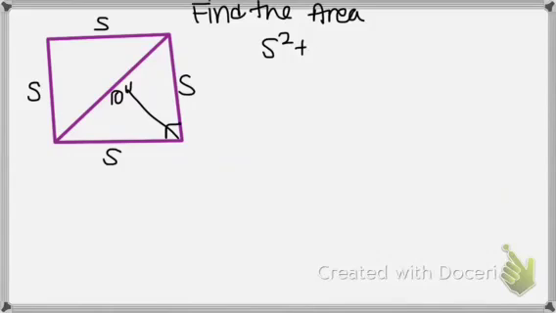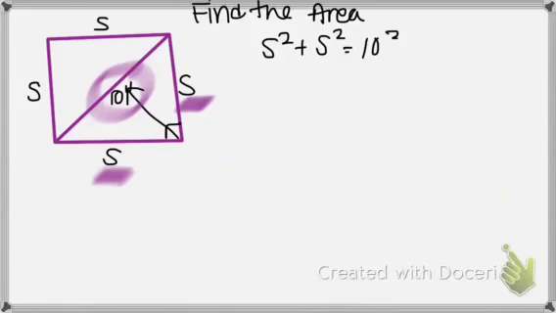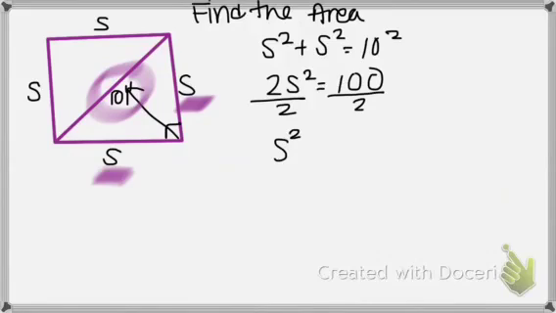So all I know is the diagonal is equal to 10. So somehow I need to find s, and then I need to square it. If we use the Pythagorean theorem here, s squared plus s squared equals 10 squared. So I get 2s squared equals 100. Divide both sides by 2, and s squared equals 50.